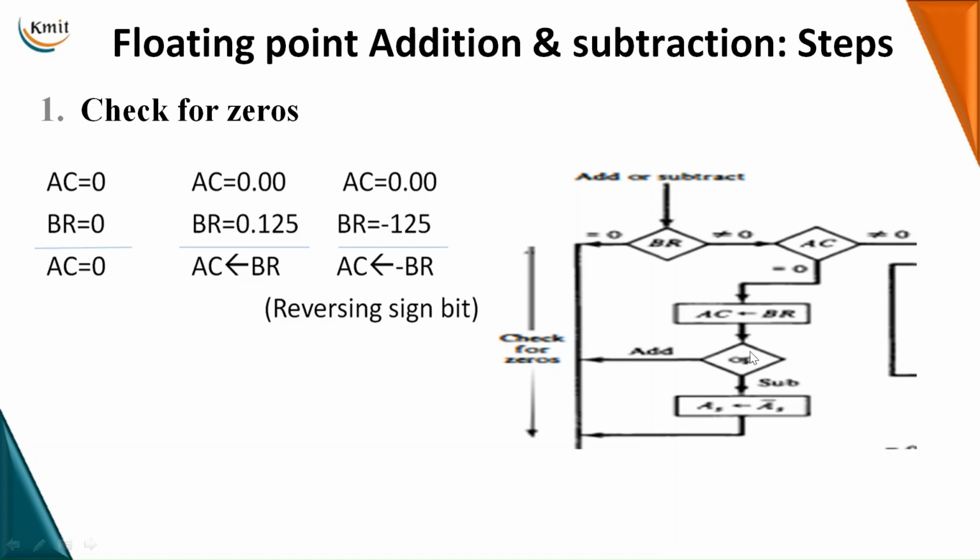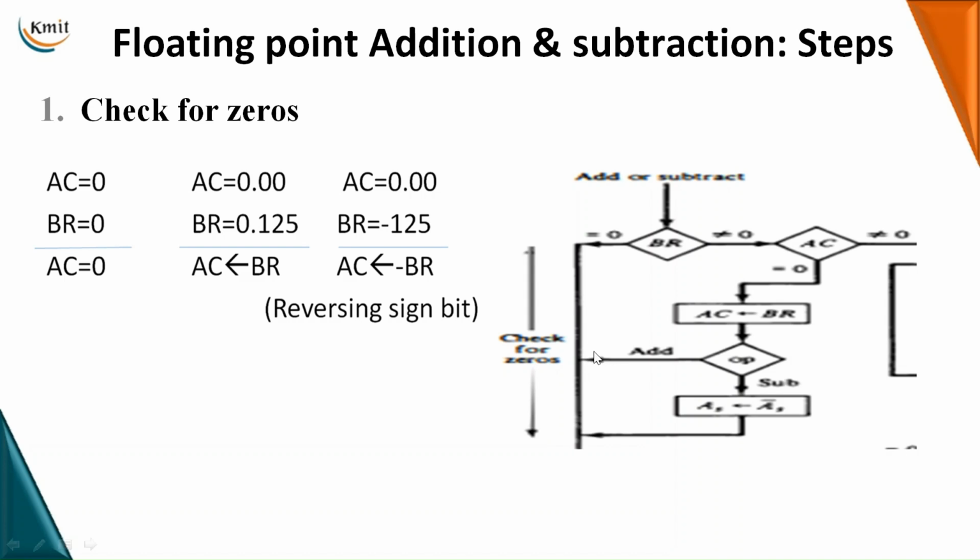The next step is assigning the sign for your result. It depends upon the type of operation that you are performing, whether it is an addition operation or a subtraction operation. If it is an addition operation, then whatever is the result, the sign bit will be positive, as it is the output of your addition operation.